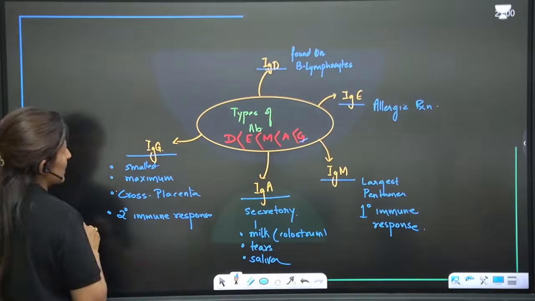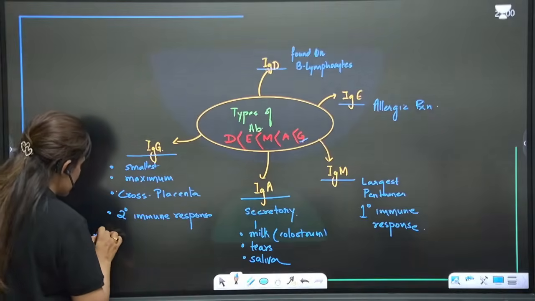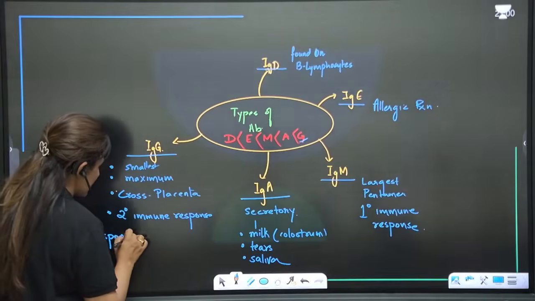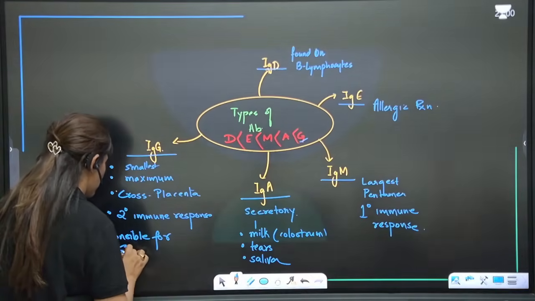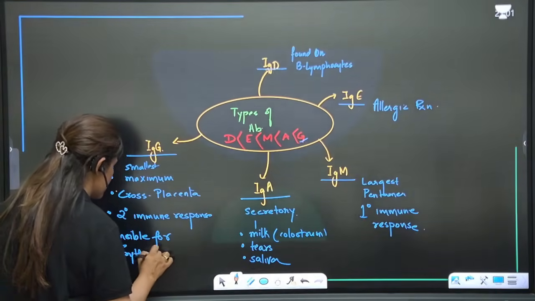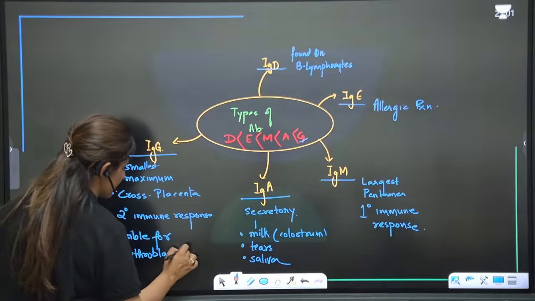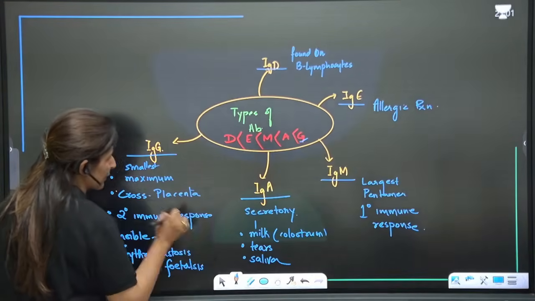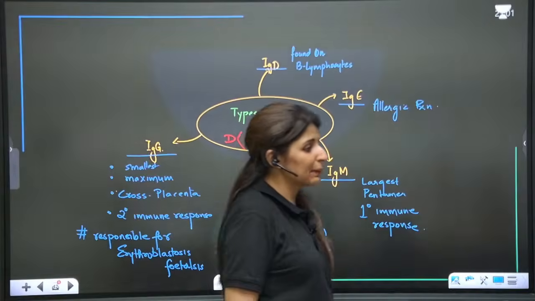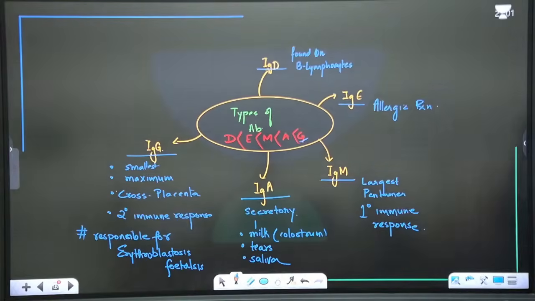And this is the antibody responsible for erythroblastosis fetalis. Remember Rh incompatibility? Erythroblastosis fetalis. Is that clear? So these are the key points that you must remember about all these antibodies. Is that clear?